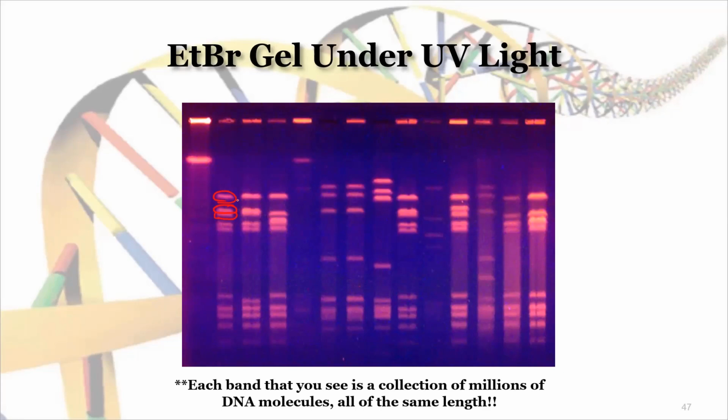Okay, these are called DNA bands. Try to understand. So here, this fluorescence is observed because the DNA has got intercalated with what we call ethidium bromide.